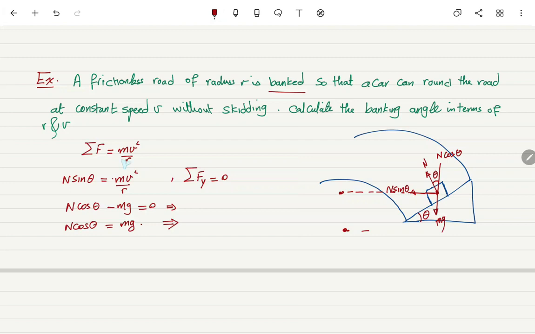By dividing this equation by this equation, we get tan theta equal to v square over r g, or we can say that theta is equal to tan inverse of v square over r g.